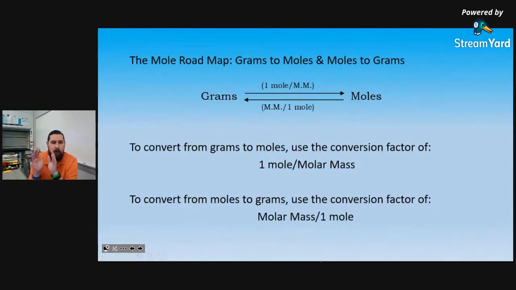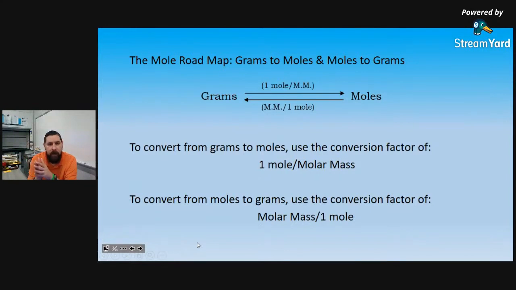Focusing directly on grams to moles and moles back to grams. When we are converting from grams to moles using the molar mass, you can see from the slide that to convert grams to moles, we always use a conversion factor of 1 mole per the molar mass of that substance.